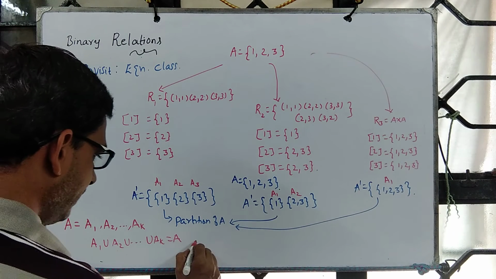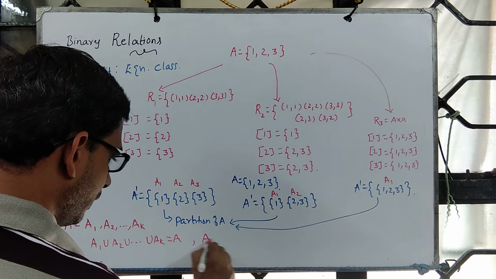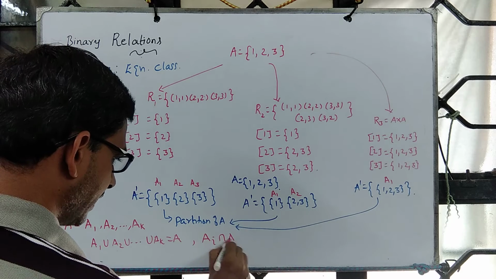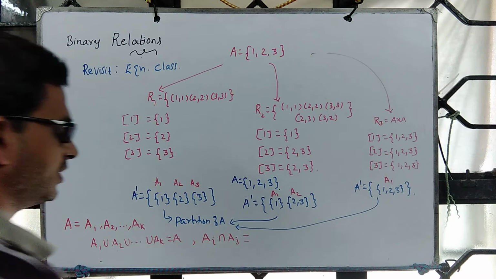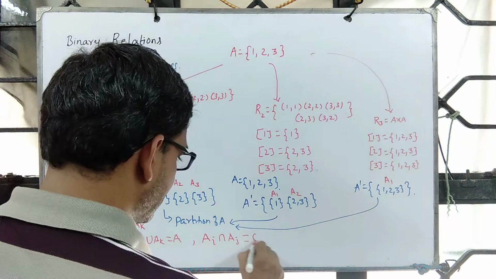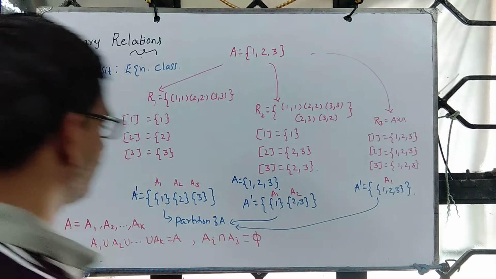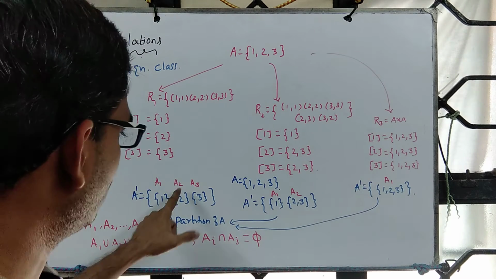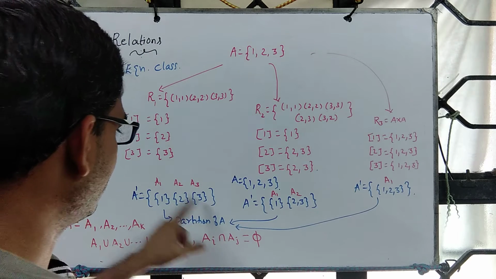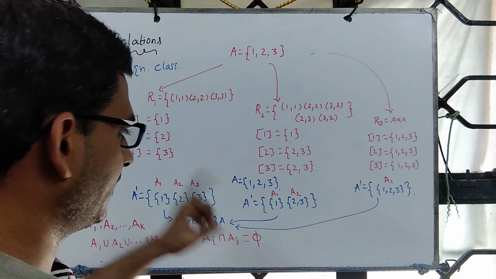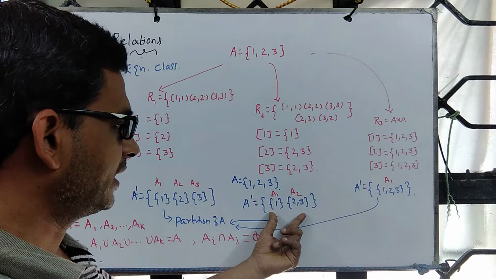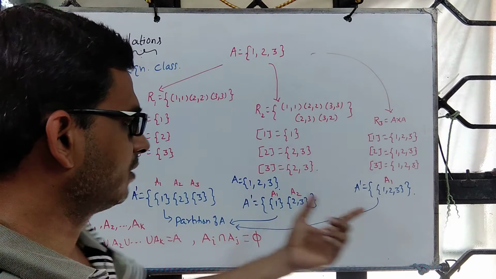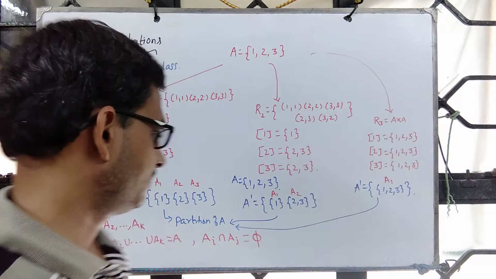Most importantly, you look at any two sets Ai, Aj, their intersection must be empty. You look at A1 and A2, intersection is empty. A2, A3, intersection is empty. A1, A3, intersection is empty. Union is A. And you have just one set.